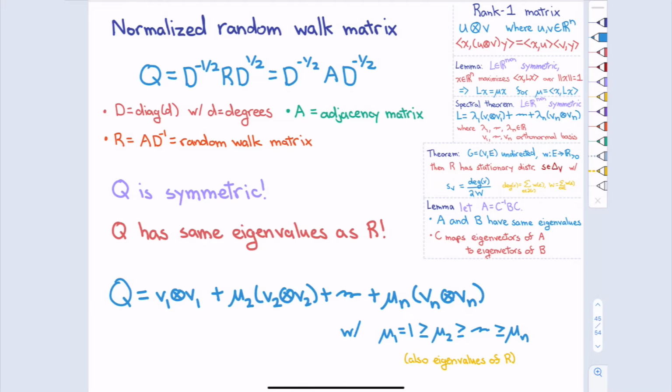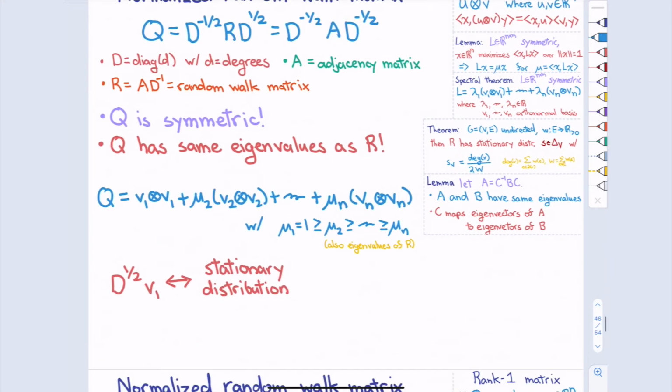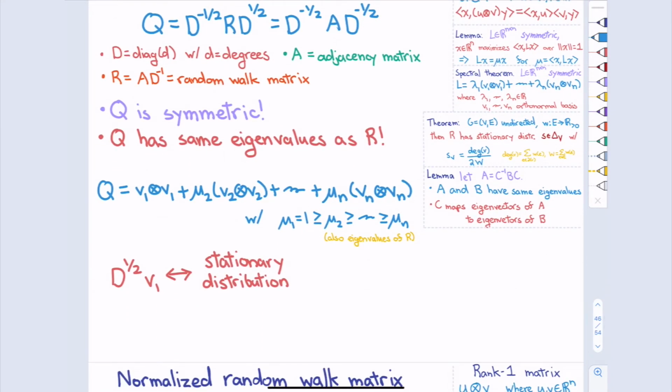We should map to the eigenvector corresponding to eigenvalue 1 for R. And what's that eigenvector called? What's the first eigenvector for R, the one corresponding to eigenvalue 1? It's the stationary distribution. So D to the 1/2 v1 should be something proportional to the stationary distribution, right?